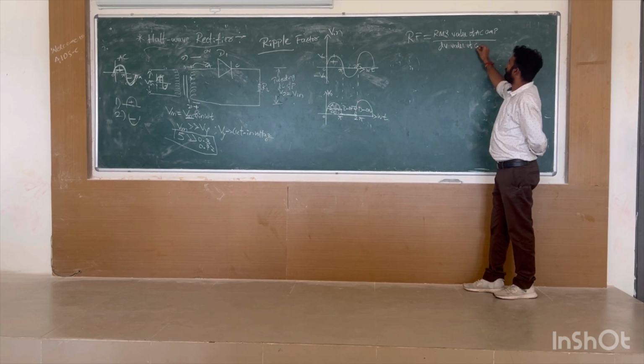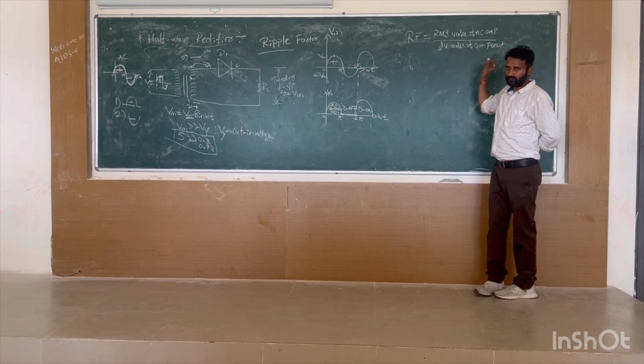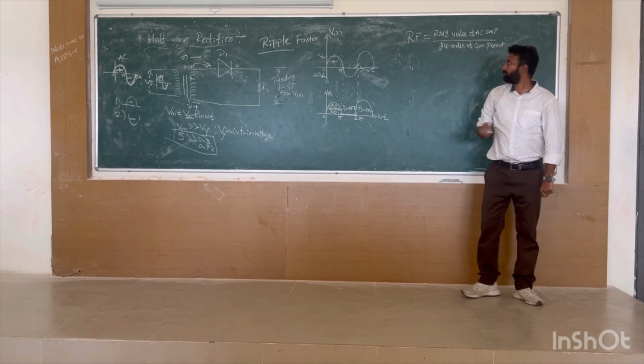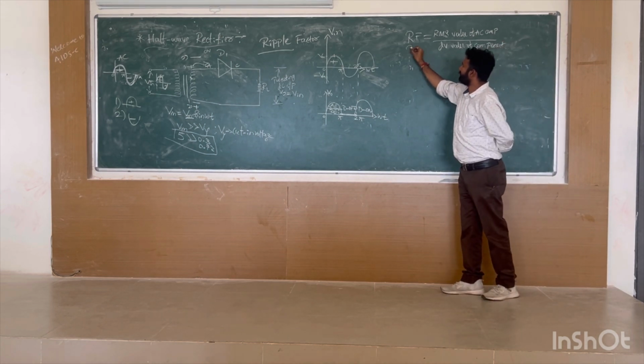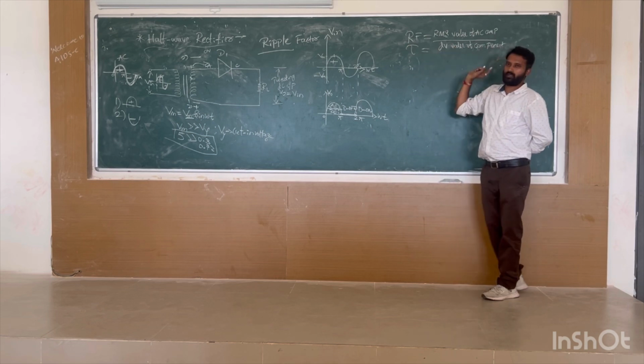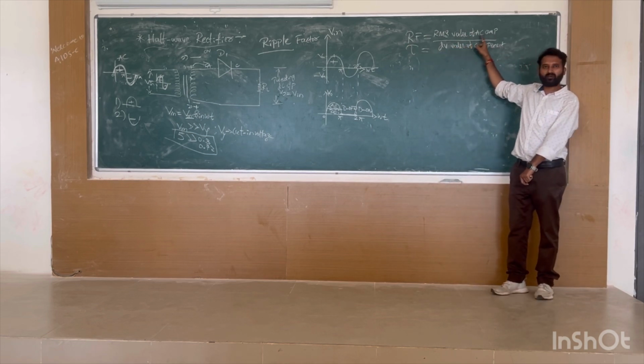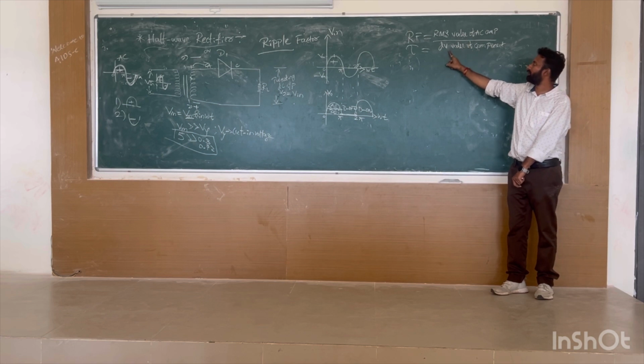It is noted as tau, equal to the RMS value of the AC component to the DC value.